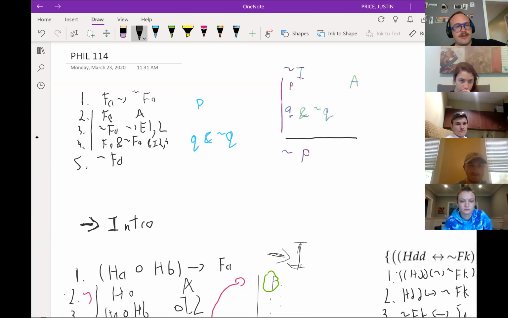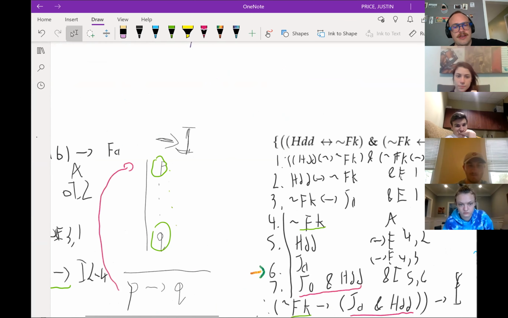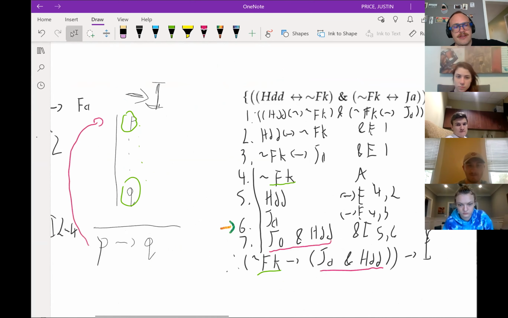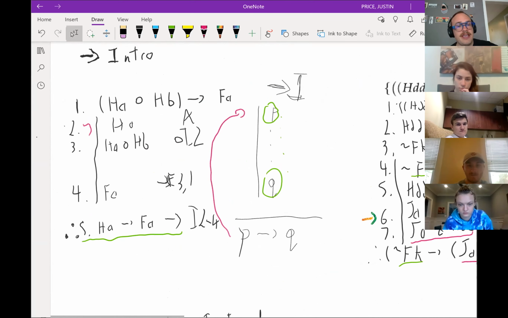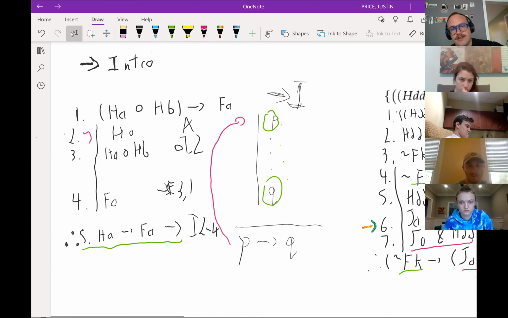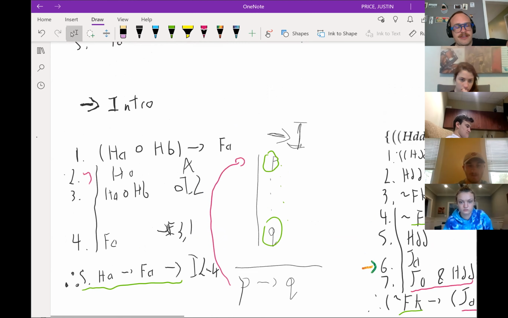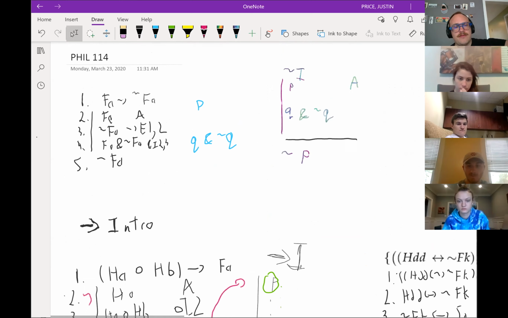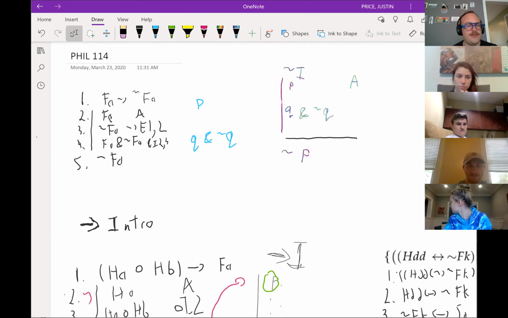With negation introduction, it's a contradiction. And with conditional introduction, it's really anything, but you're going to be introducing that conditional in order to discharge the assumption. You can't just get rid of the assumption however you please.